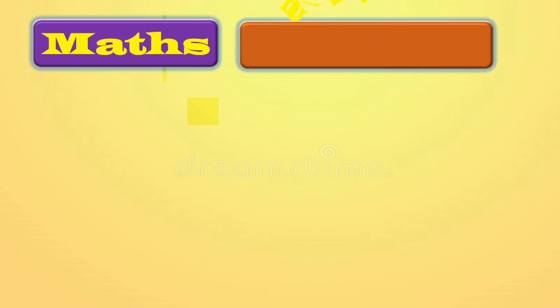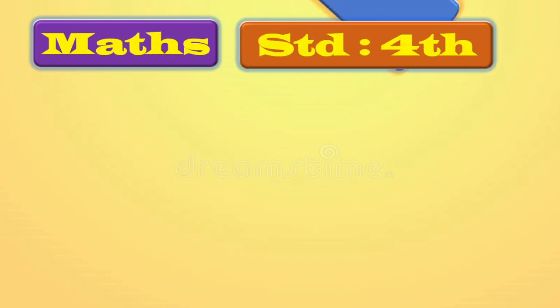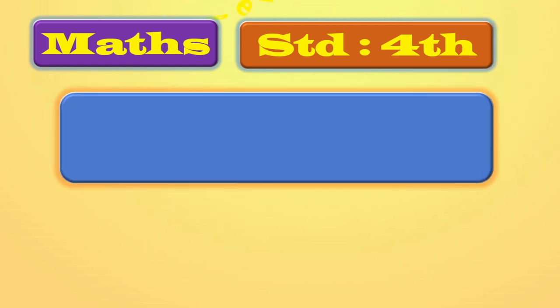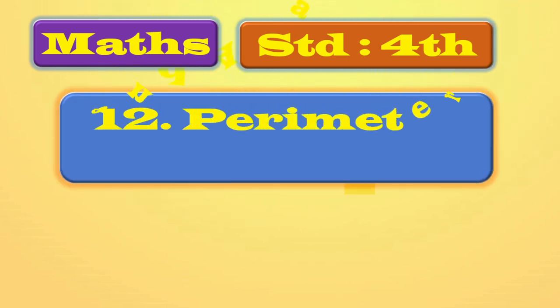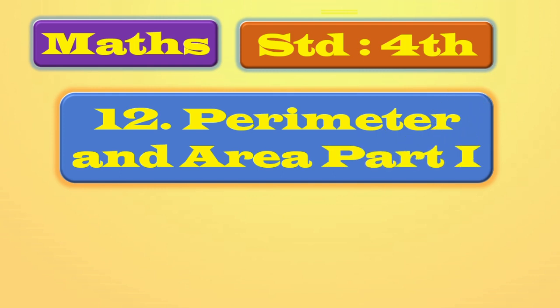Let us learn maths of standard 4th, and the name of the chapter is perimeter and area. Dear children, this is part 1. In this we will learn about the perimeter in detail.